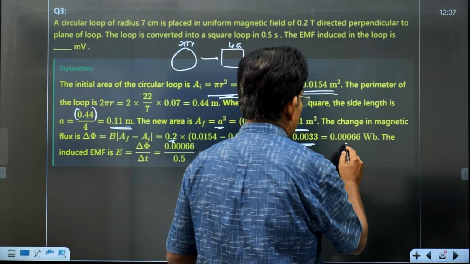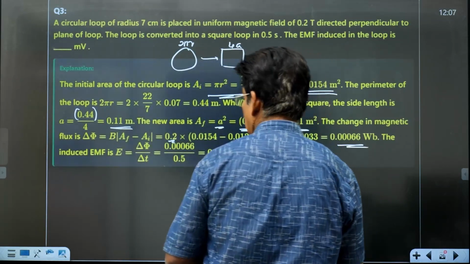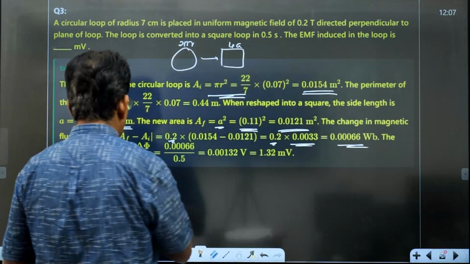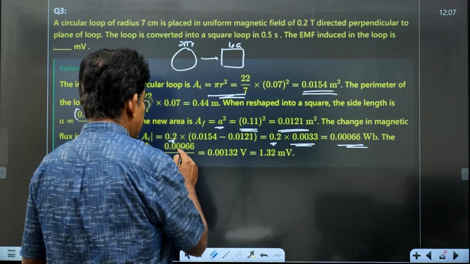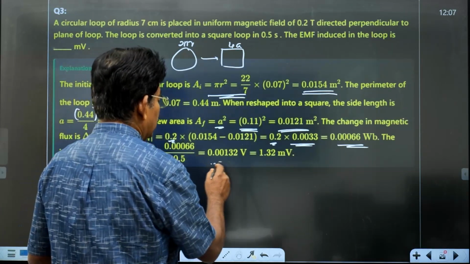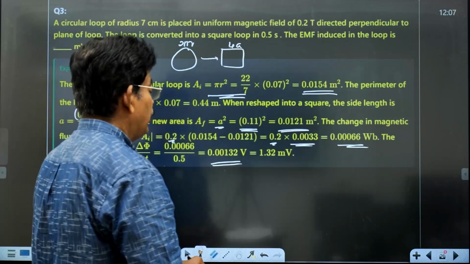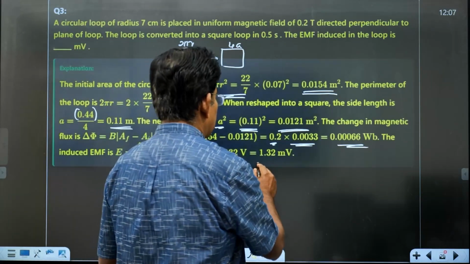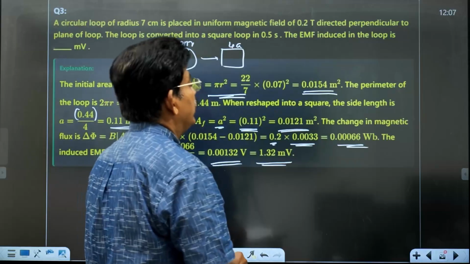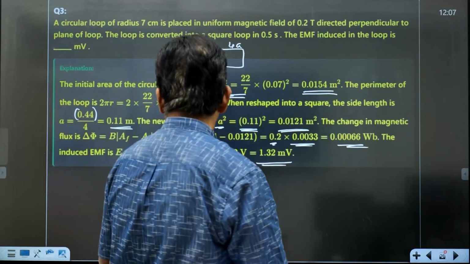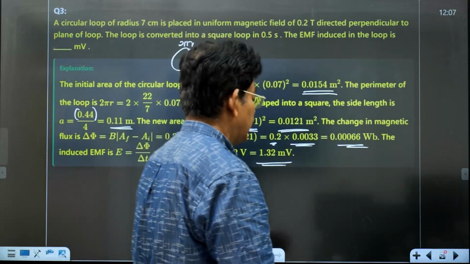That is 0.00066 Weber. Then induced EMF is change of flux by time, 0.00066 by 0.5. That is 0.00132 volt, which is 1.32 millivolt. That is, induced EMF is given by 1.32 millivolt.